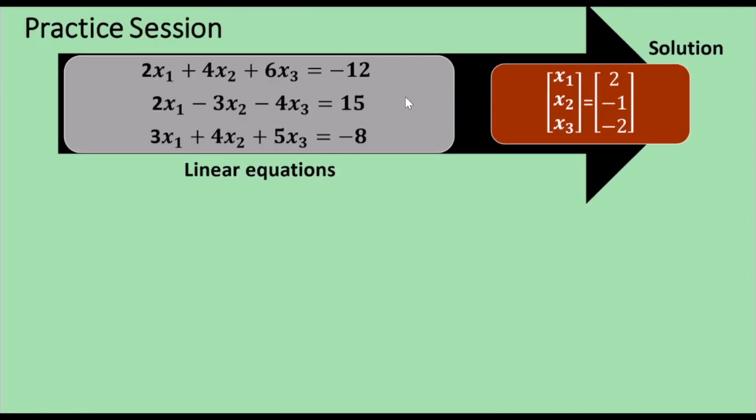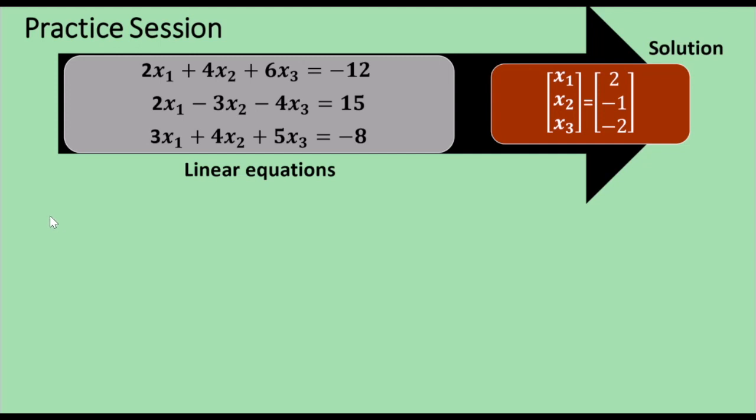Okay, in our practice session, we have a different set of linear equations, and I provided the solution for you so that you could actually try this one out on your own and check the solution. So you may pause the video, try the question out by yourself using the Gauss elimination method to solve the problem, and check the answers with me.